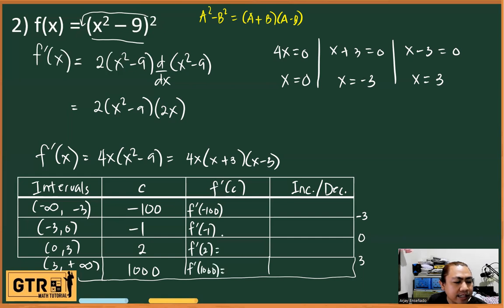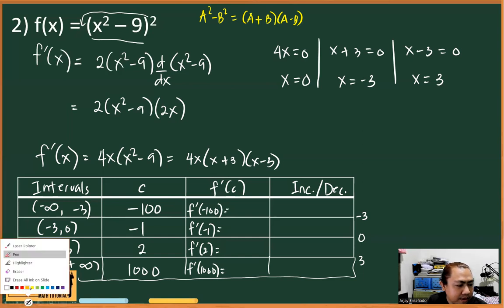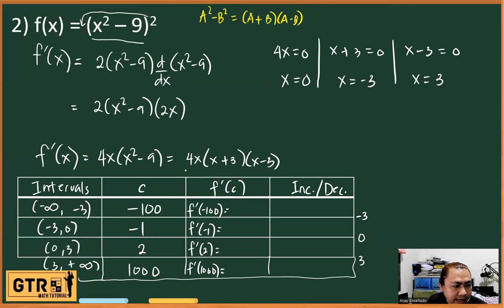So let's just substitute in this function. F prime of x equals 4x times x plus 3 times x minus 3. So again, we are only interested in the sign. So we can just ignore the number 4.